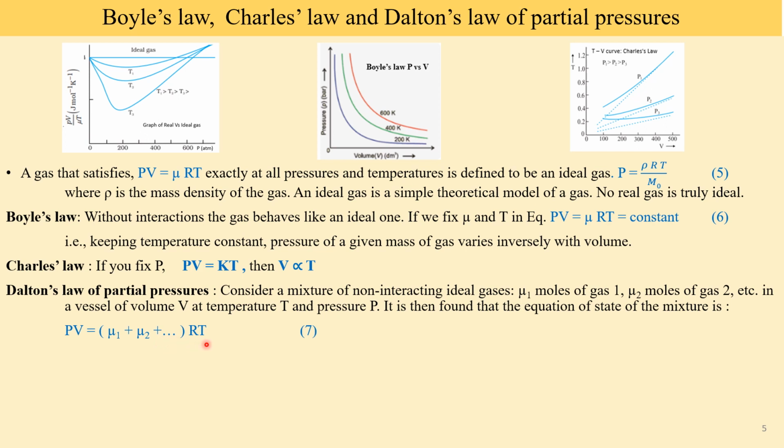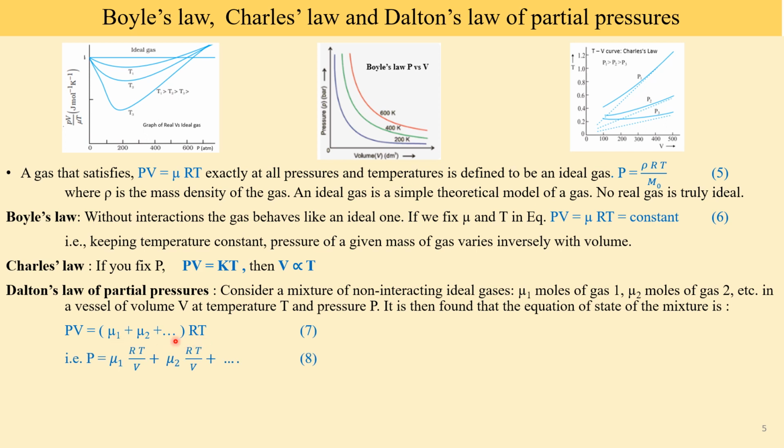RT. That is, PV = μRT, and μ itself is μ1 + μ2 + μ3 etc., because the sample is a mixture of non-interacting ideal gases. Note that these are non-interacting gases. Let it be equation 7.